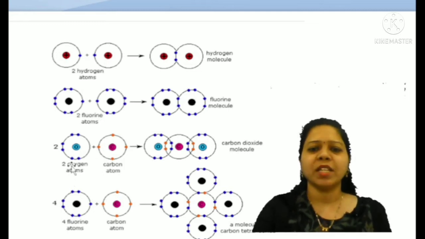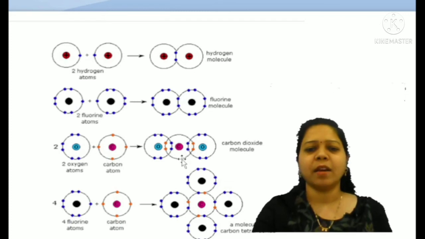Next, that is carbon dioxide. Just as we learned that in oxygen a double covalent bond is present. Now here 2 oxygen atoms and 1 carbon atom are there. See how they are arranged.